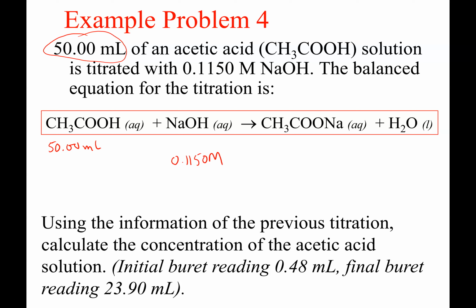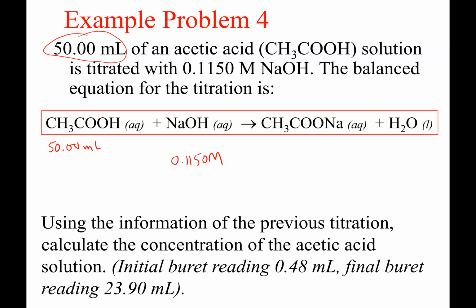In the video we watched, if we were to rewind it, we would have seen that the initial titration volume was 0.48 milliliters. They dripped to the end point, and the final burette volume of the NaOH was 23.90 milliliters.